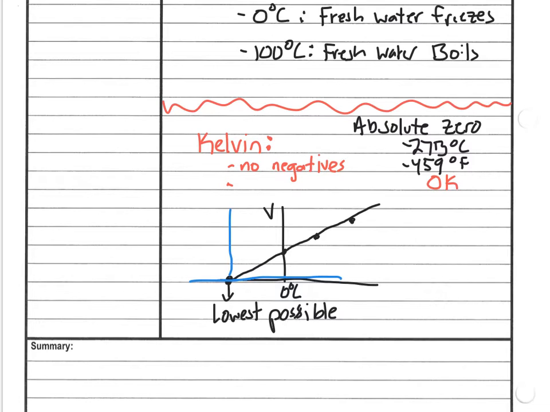So the Kelvin scale has taken the Celsius scale and literally just moved it over. So they didn't do anything other than move that axis so that was 0. That's the new 0. So it's pretty much the same as Celsius, except you have no negatives. So it's still 100 degrees between boiling and freezing. Let me write that up here.